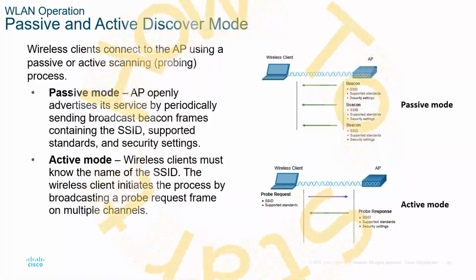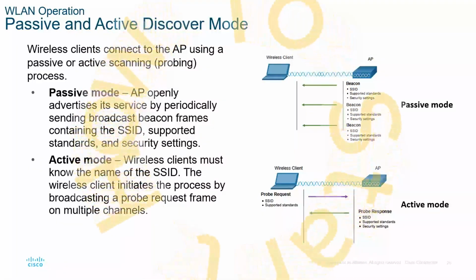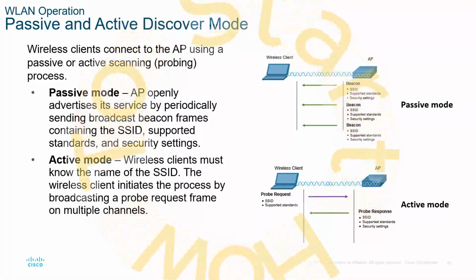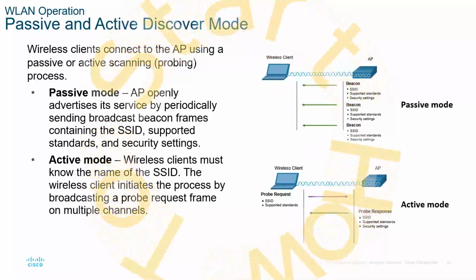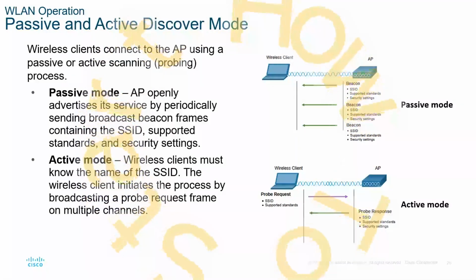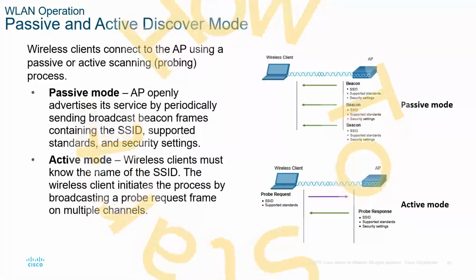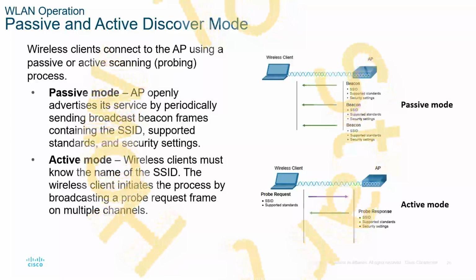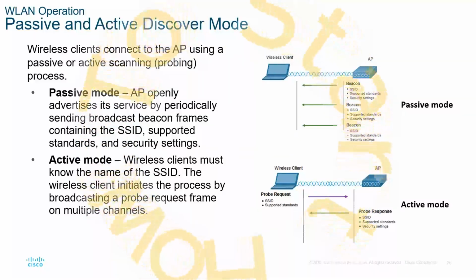This is called probing. The issue is, if a wireless client is the one sending out information, the access point, if it is a rogue device or a wireless hacking device, could actually modify its configuration to match the probe coming from the wireless client, and that leads to other security issues.